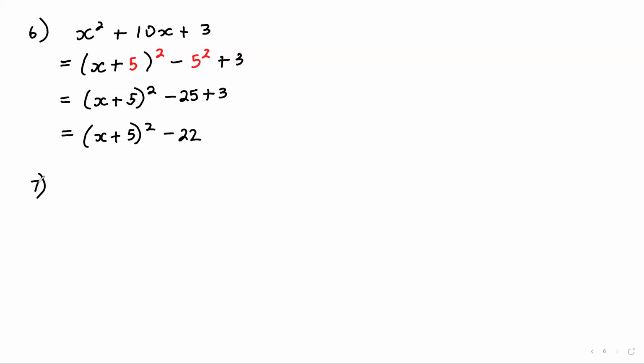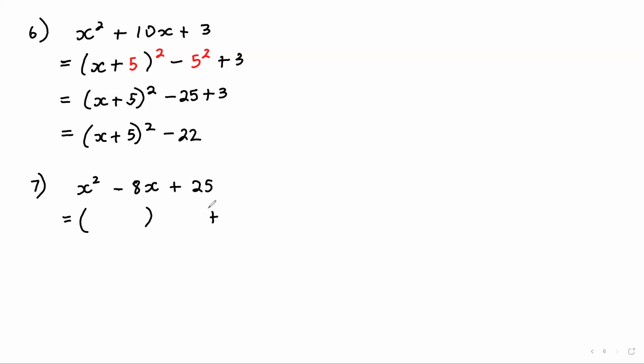Ari, you there? So Ari, this one is x squared minus 8x plus 25, but it's the exact same steps except you're going to use a minus sign instead.